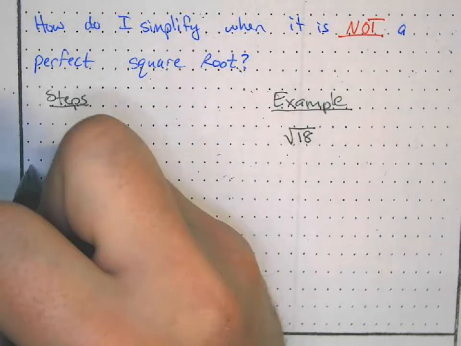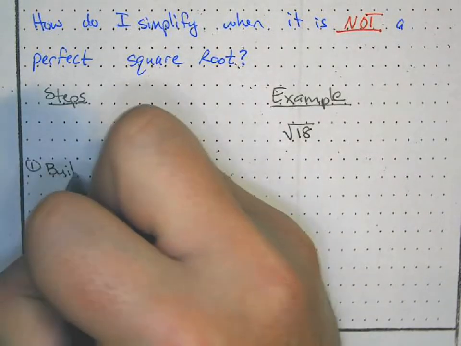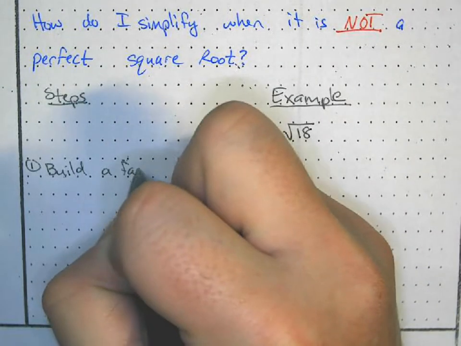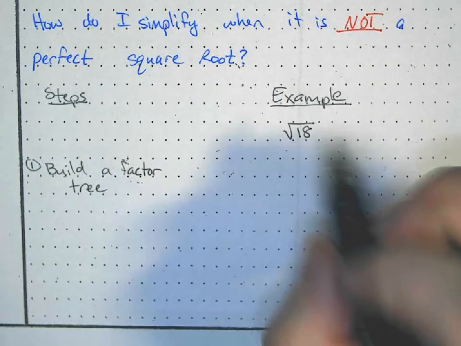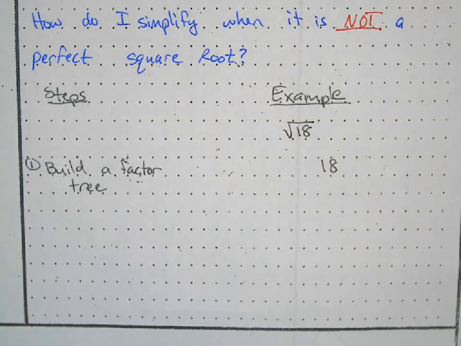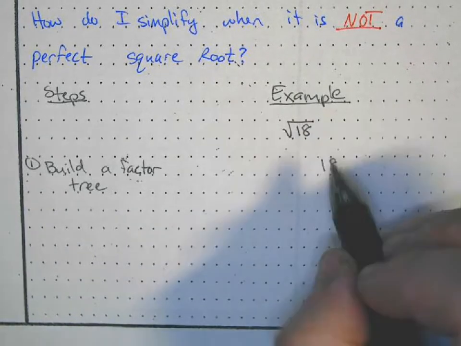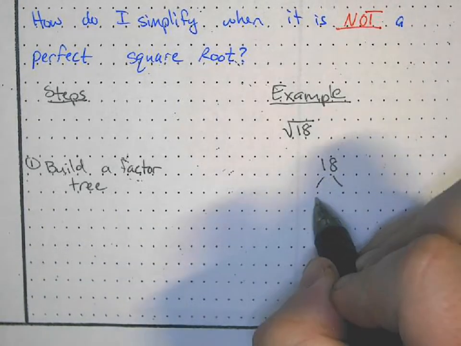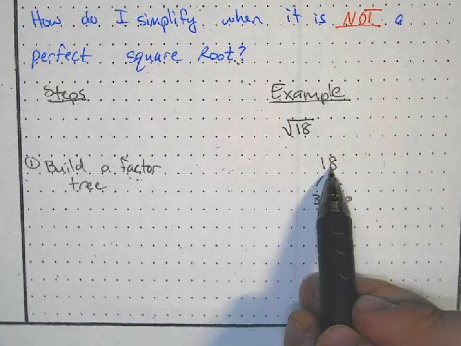The first thing we want to do, step 1, is build a factor tree. So how that works is I write 18, and I start breaking down the numbers that multiply to equal 18. So we could start with, say, 3 and 6. 3 times 6 is 18.